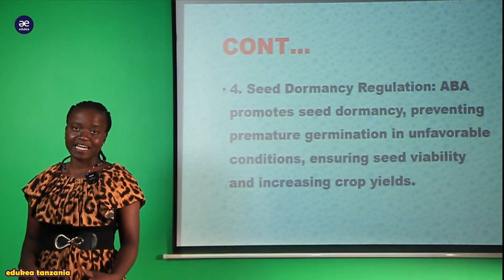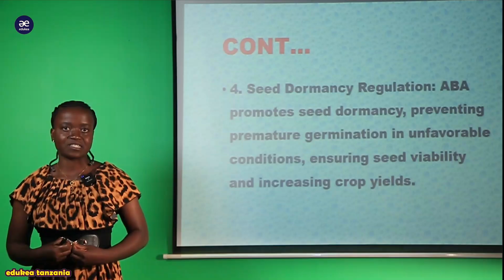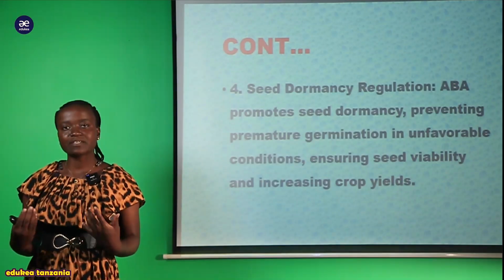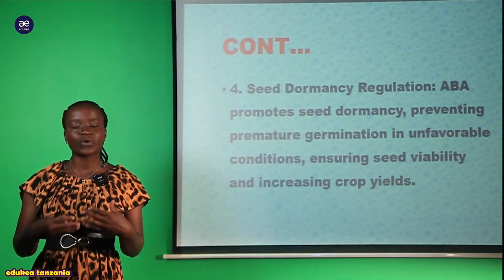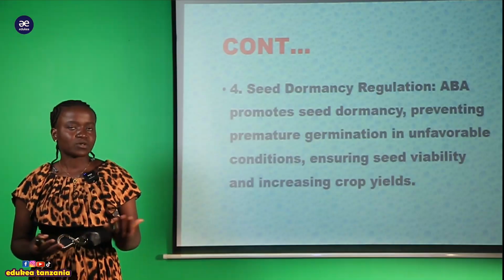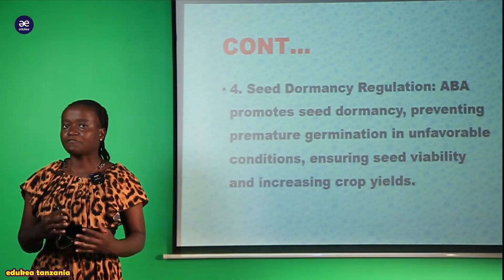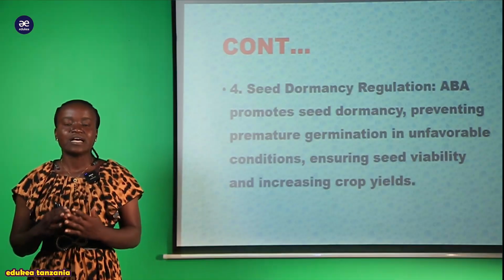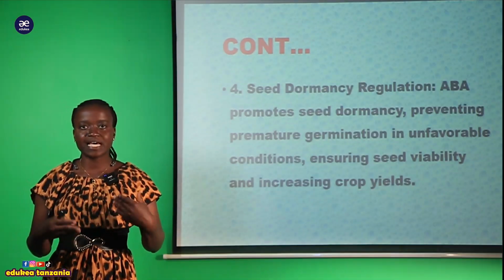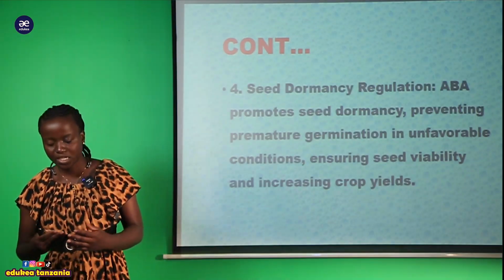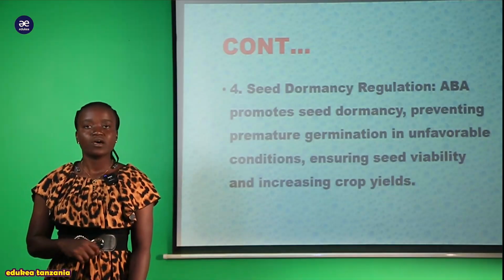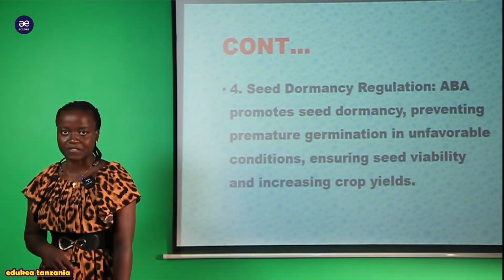So hii pia ina regulate seed dormancy, kwa maana kwamba pale ambapo patakuwa na mazingira hayaruhusu kwa ile mbegu kuweza kugerminate, so this abscisic acid will act upon it and preserve that seed until the favorable condition reaches. Thereafter, the seed could germinate. That is the function of this abscisic acid.